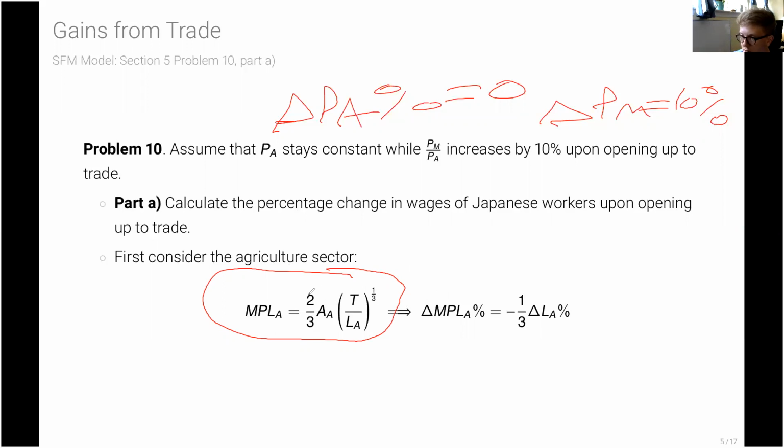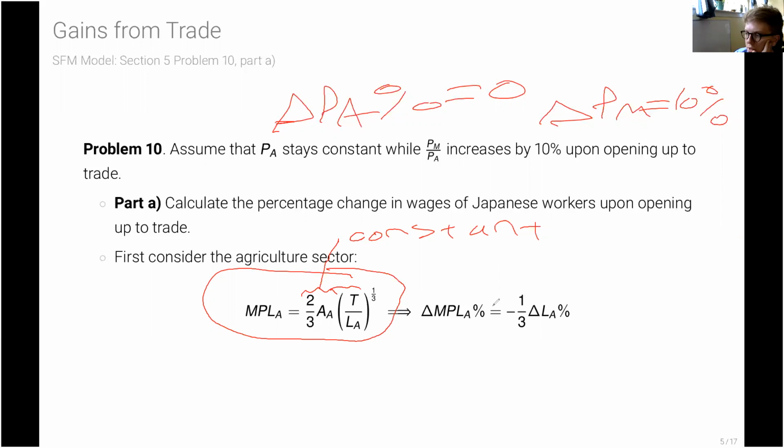So it's worth noting that 2/3, AA and T are all going to be constant. The reason is that when we open up to trade, AA doesn't change. Obviously, the 2/3 doesn't change as well. And T, Japan has a fixed amount of land. And so the only thing that's going to change when Japan opens up to trade is the amount of labor in agriculture.